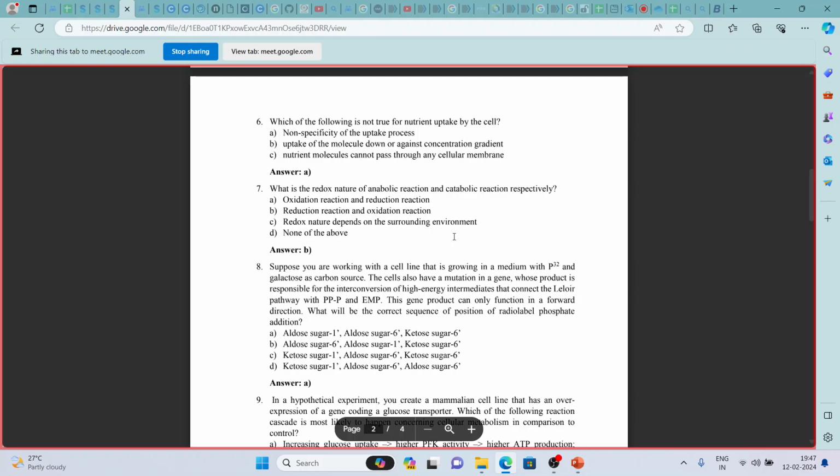The cell does not randomly take up a nutrient. Only if there is a function the cell has to perform, and if it needs energy, it takes up the nutrient. So option A, non-specificity of the uptake process, is not true for nutrient uptake.